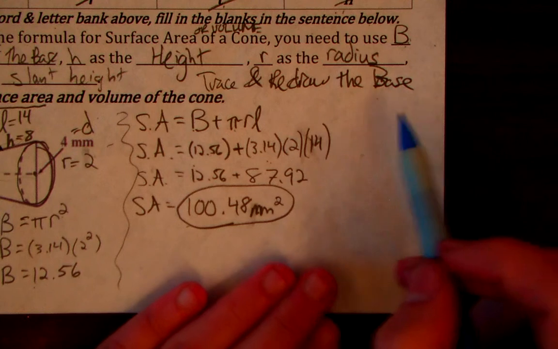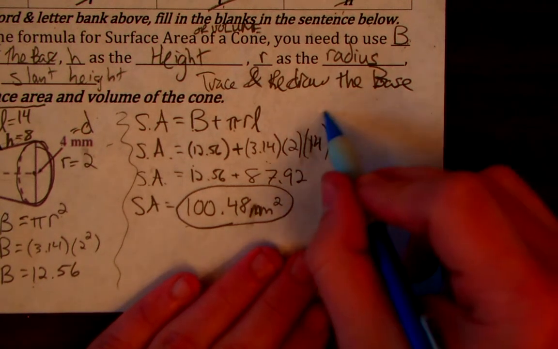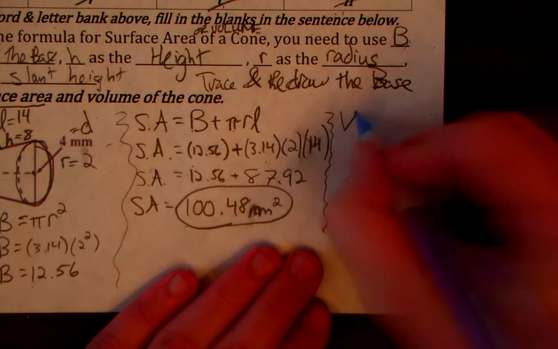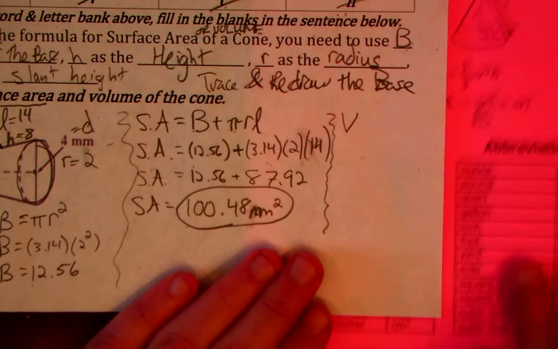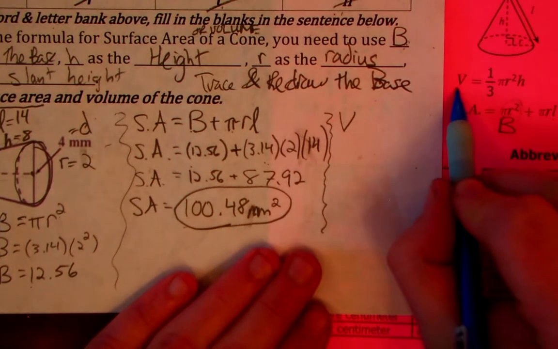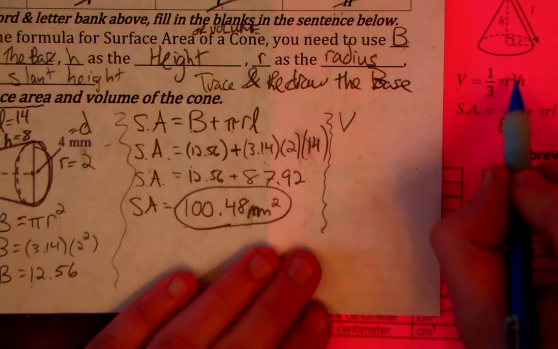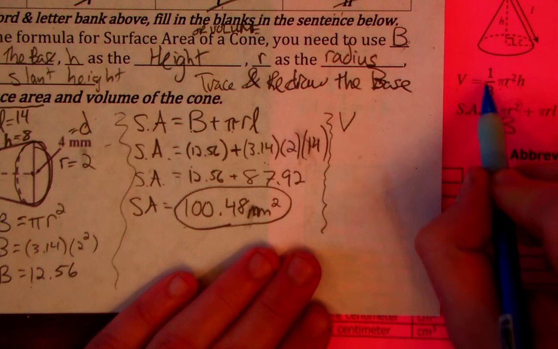So now let's do our volume. So let's kind of break this apart a little bit again. So we're going to have volume, and let's check the formula sheet as always, just in case we forgot. Well, we see that the volume is equal to pi times the radius squared times the height divided by 3.